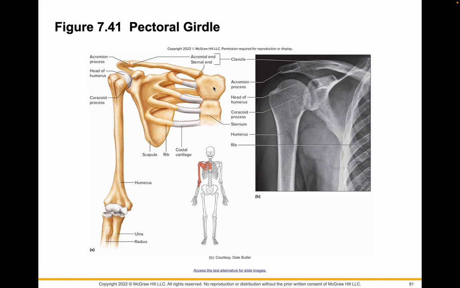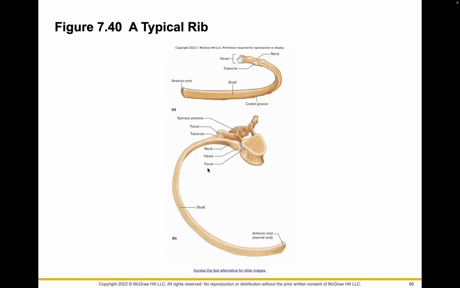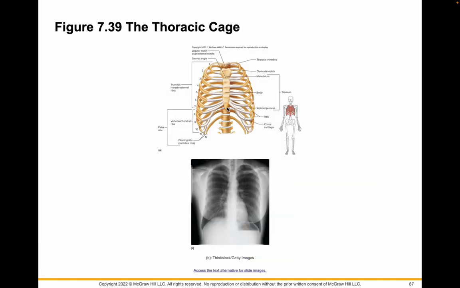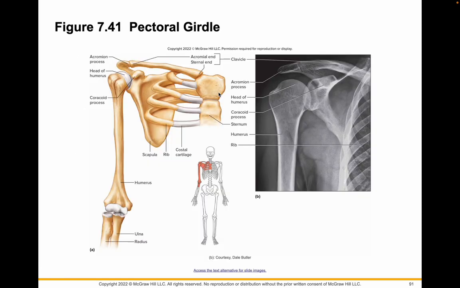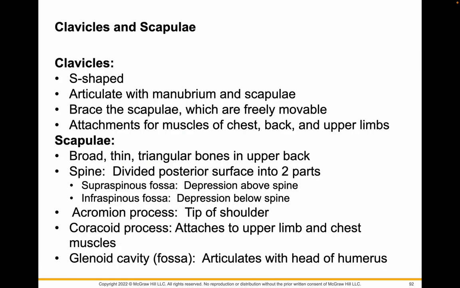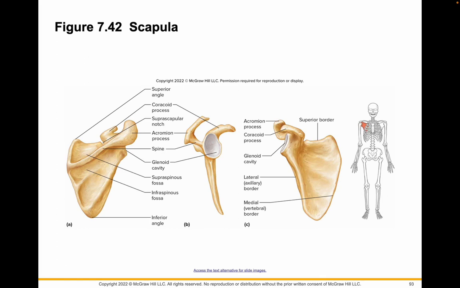So here's the manubrium, part of the sternum, and then the long part's the body, and then the little end piece is the xiphoid process. Let me show you that real quick. So right here, xiphoid process, the majority of it is the body, and then the top is the manubrium. All right, so here is your scapula or your shoulder blade.